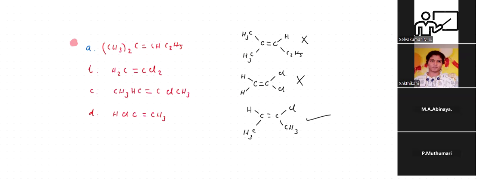The fourth compound, C double bond C, CH2, H, Cl. So this can also not give cis-trans isomerism. So the correct answer is C. The compound C alone is able to give cis-trans isomers.